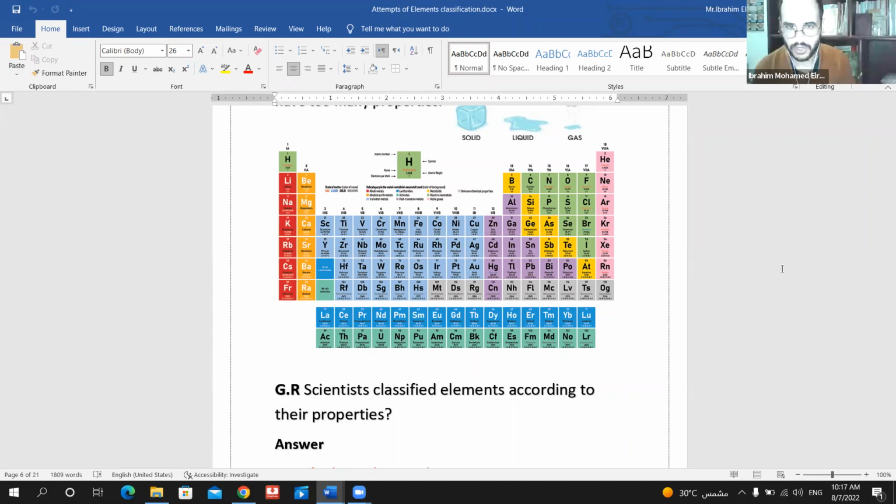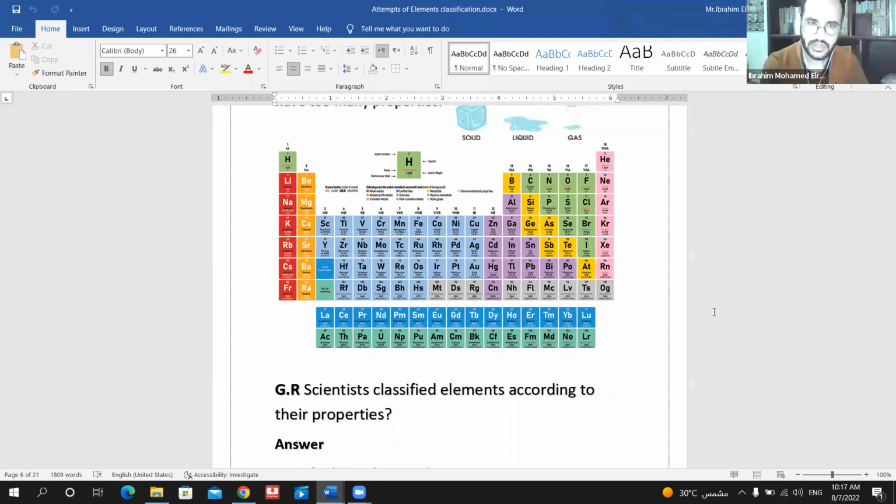So we need to know the history of the construction of this periodic table. So we are going to study the history and the attempts at creating this table. All right.